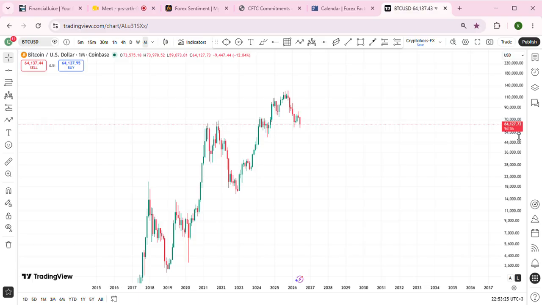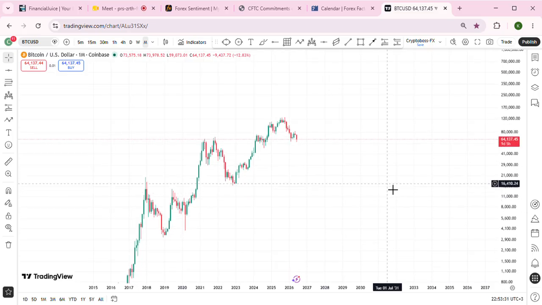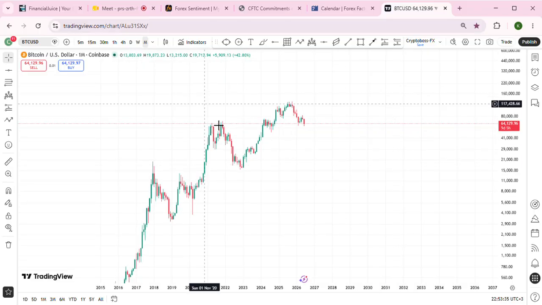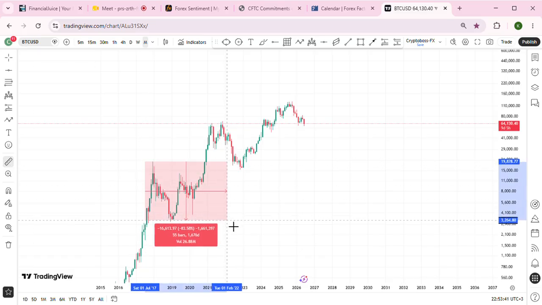All right. So this is Bitcoin, and guys, there's something you need to understand with Bitcoin. Though I will not show you this one today, but someday I'll come and show you. It's about how the Bitcoin market does and how long it takes to do its retracement.